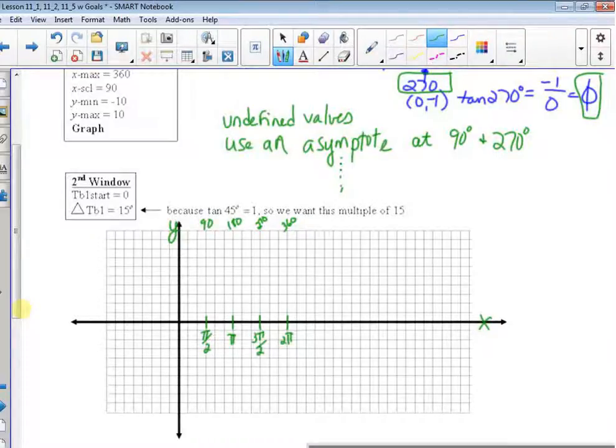So I'm really going 30, 60, 90, 120, 150, 180, 210, 240, 270, 300, and 330.